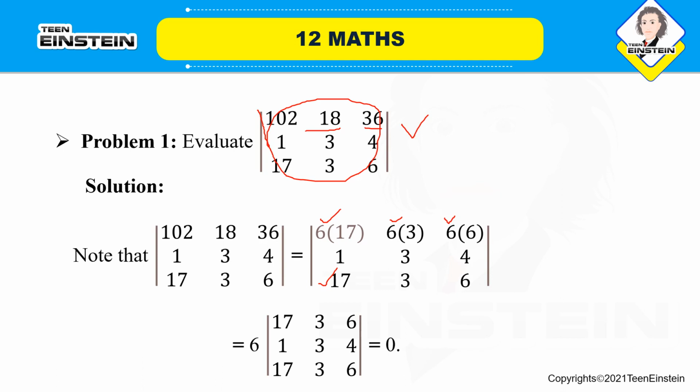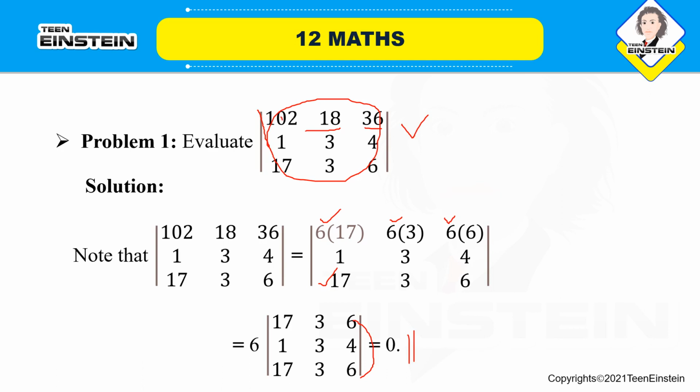So using the property we can take it out: 6 times the determinant with rows 17, 3, 6; 1, 3, 4; 17, 3, 6. Here these two rows are identical. Therefore, the value of the determinant is 0.